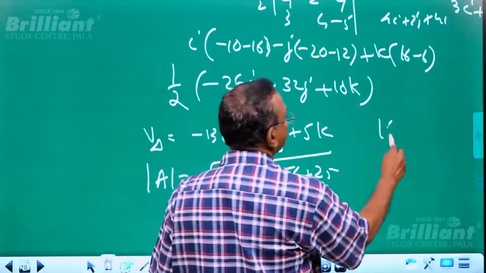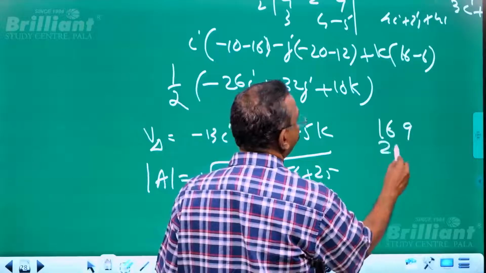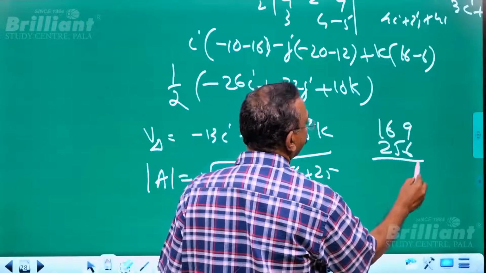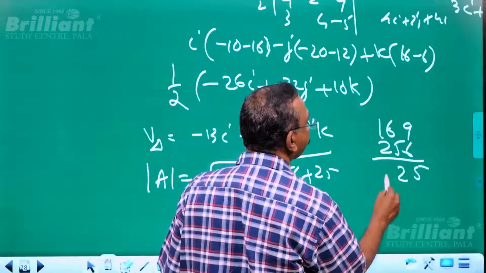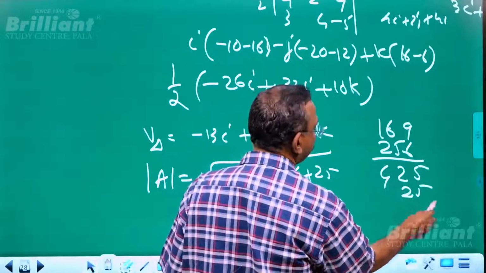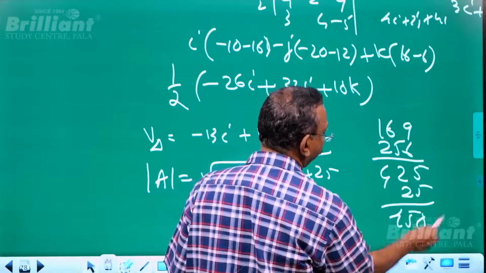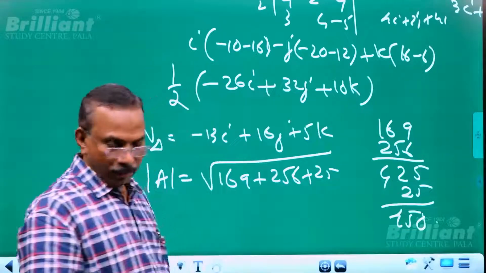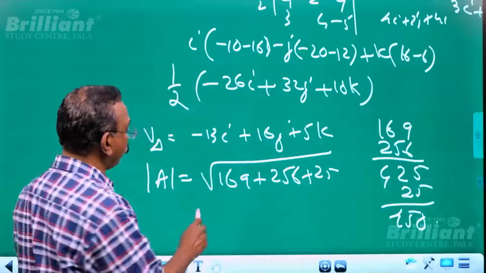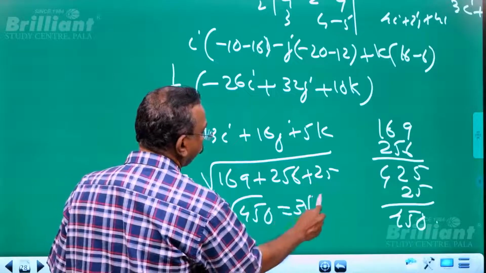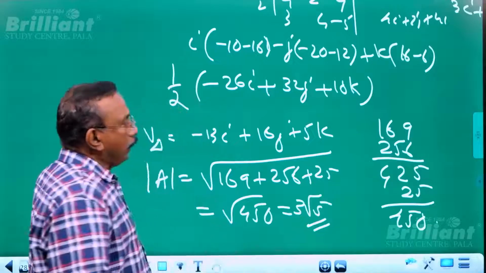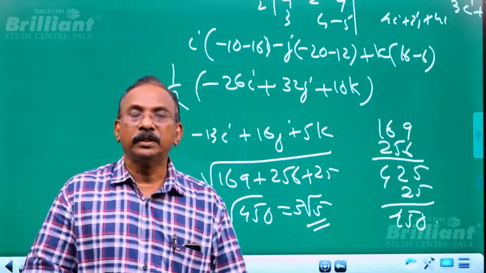So 169 and 256 plus 25 is equal to 450. This is the vector area and its root is there. So root of 450, that's 3 root 5, is the area of that triangle.